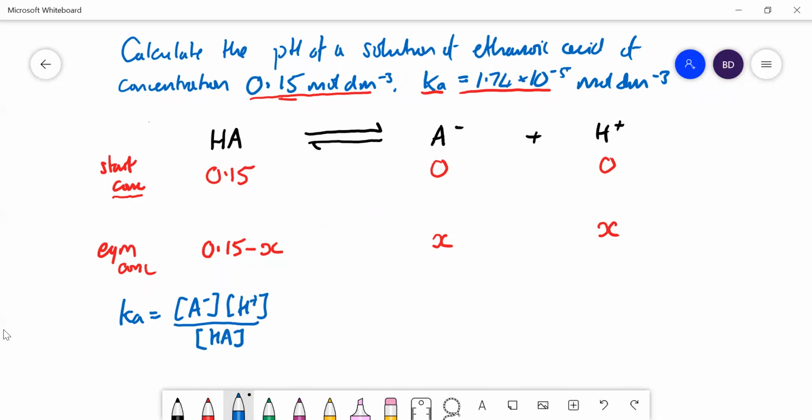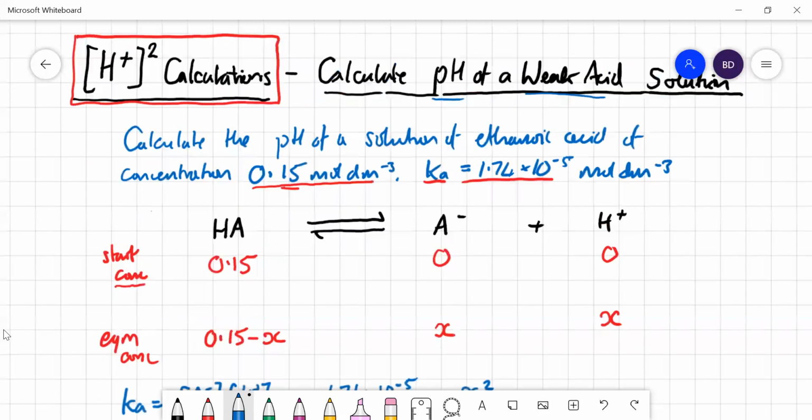So let's put the numbers into this equation. We know Ka. I'll write down 1.74 times 10 to the minus 5. The A minus concentration is X, and H plus is X, so I'm going to call that X squared, which is why I tend to call these H plus squared calculations.